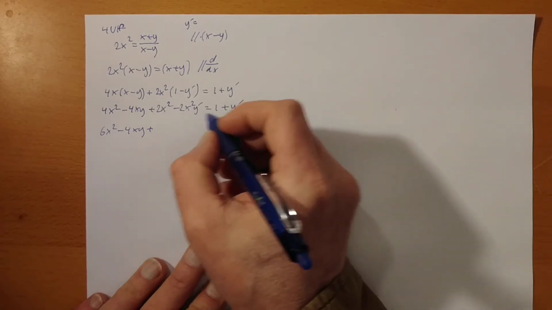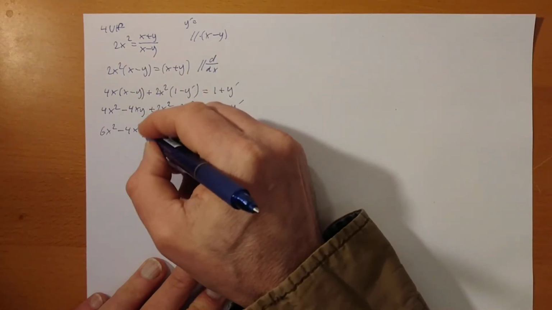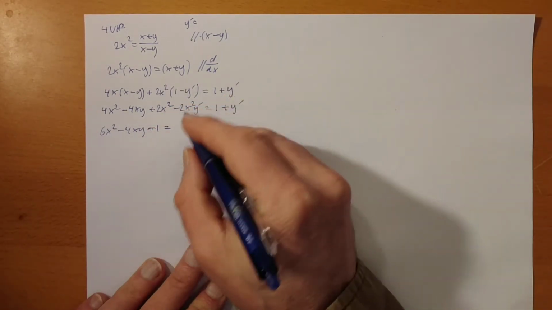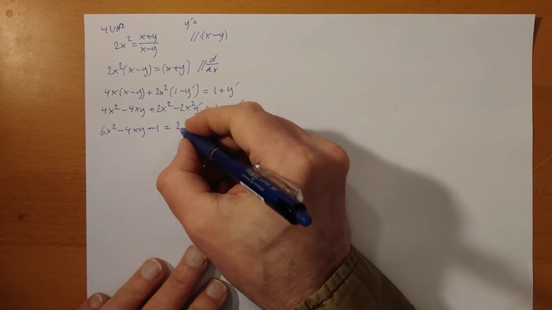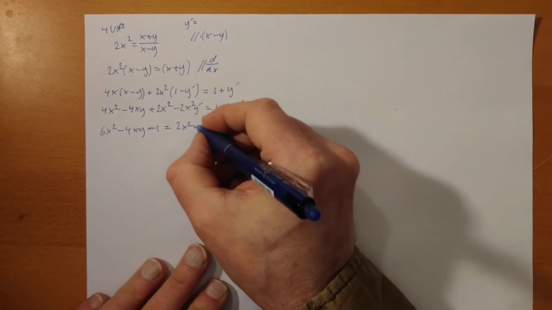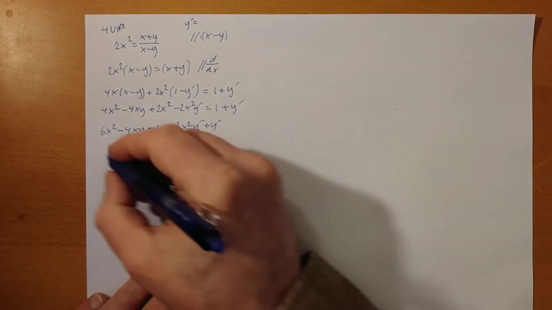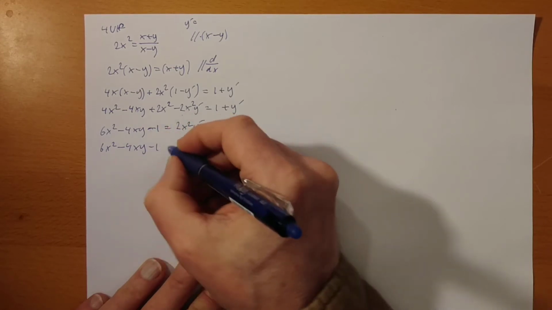Let's do it like this: we subtract the 1 from this side, so minus 1 on this side, and then we add this to that side, so you get 2x squared y prime plus y prime. So 6x squared minus 4xy minus 1 equals that.